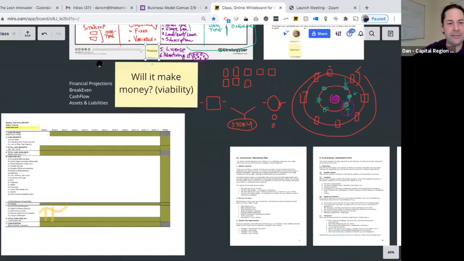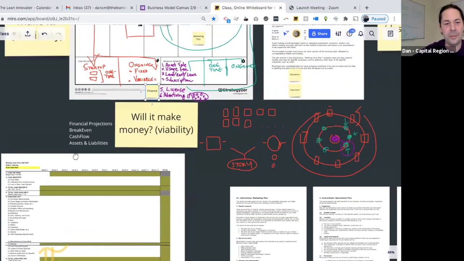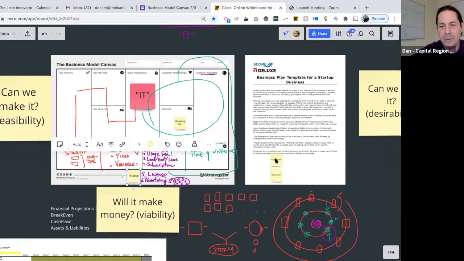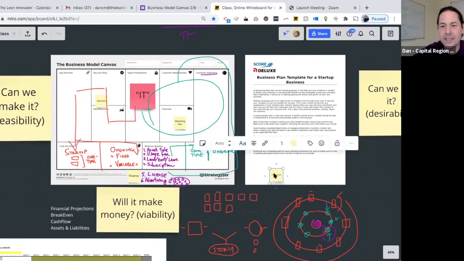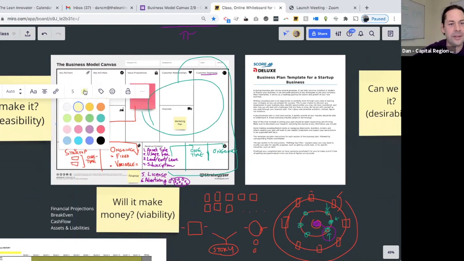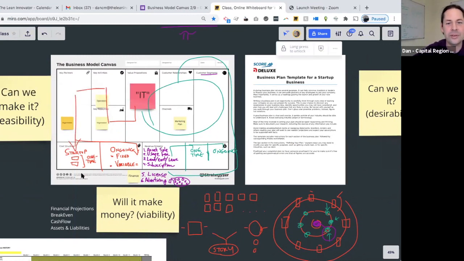Like the finance stuff, I'm looking at the spreadsheet. I'm like, okay, I understand how this all works and how this is all hanging together. Operations? That seems like resources and activities to me. And organization? Well, let's see, resources: if I'm in-house, human resources, or if I'm doing other stuff with contractors and that kind of thing, then I just call that there. And those are the main pieces of the business plan, right?